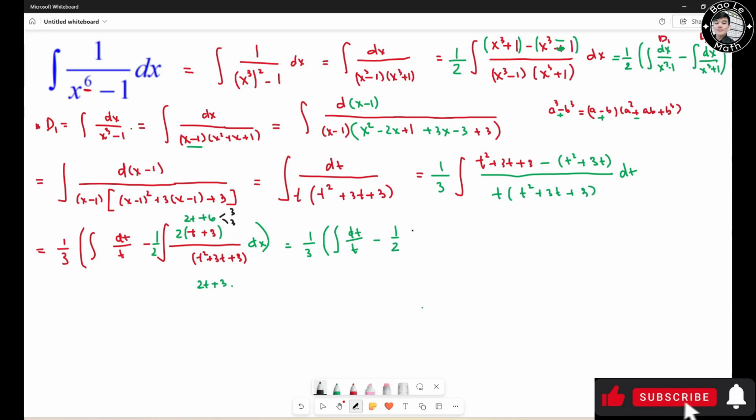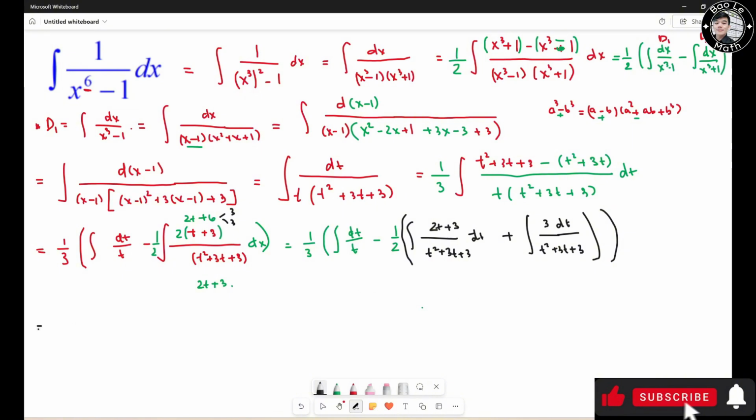So I just rewrite this one as the integral of 2t plus 3 over t squared plus 3t plus 3 dt, right? And I'm going to add 3 over t squared plus 3t plus 3 dt, right? Don't forget the integral, and don't forget the parentheses right here, the whole parentheses right here.